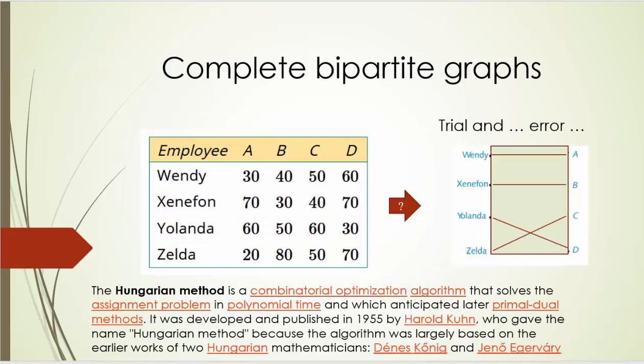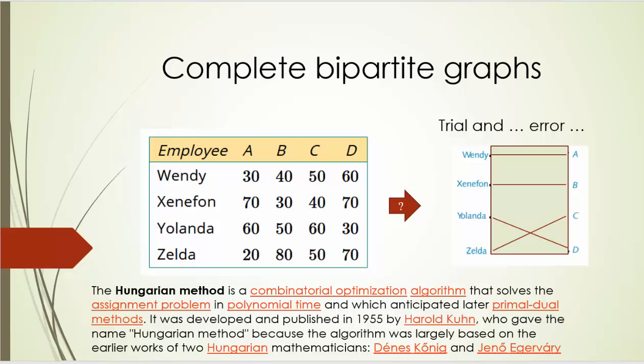Alright, let's move to a set of data that's a bit different. It's only 4 employees this time, Wendy, Xenophon, Yolanda and Zelda, and they're going to go to countries A, B, C, D, or do task A, B, C, D. The numbers, we don't know whether the numbers are miles, dollars, thousands of dollars, hours, could be anything.